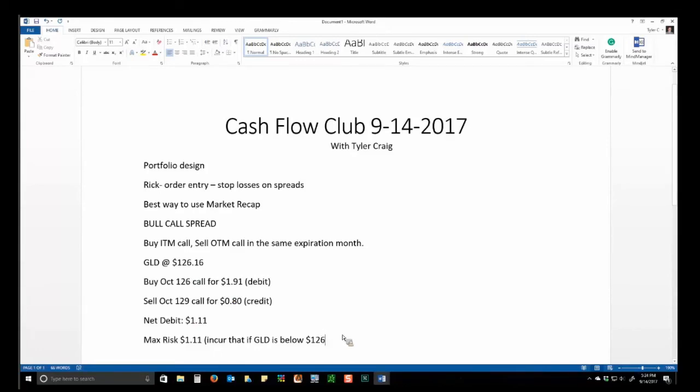So that's my mistake, Bobby. So if GLD is below 126 at expiration, then you would lose the max loss. By the way, that's also the cost. Okay, the cost is $1.11. The debit is $1.11. The max risk is $1.11.